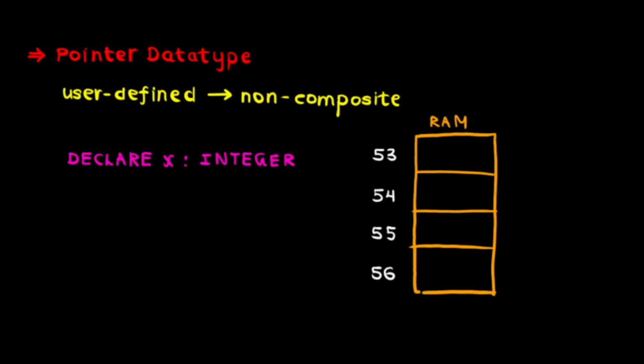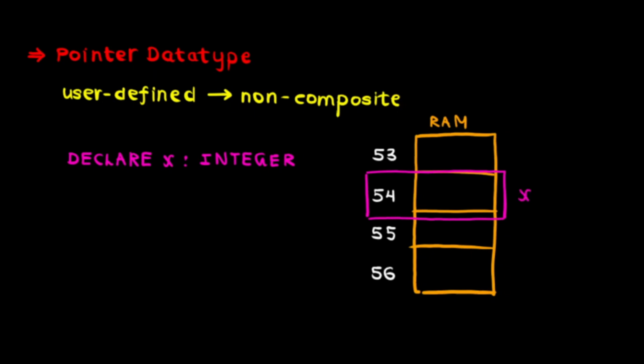But this is just how the RAM looks like. Now, when I declare x as an integer, if you guys recall what actually goes on in the memory, there would be some random location that is allocated to x in the RAM. So that choice is done by the operating system. So maybe the operating system decides, okay, let's give memory location 54 to x. So maybe x is now assigned this location.